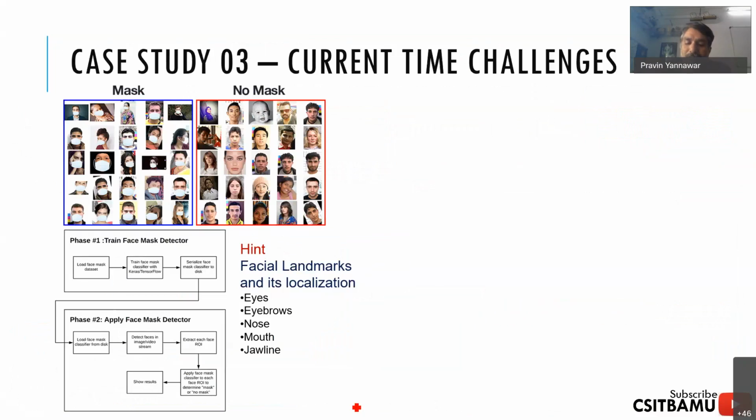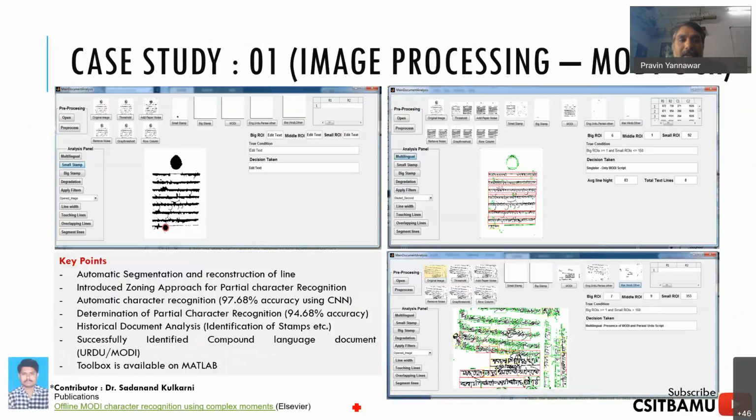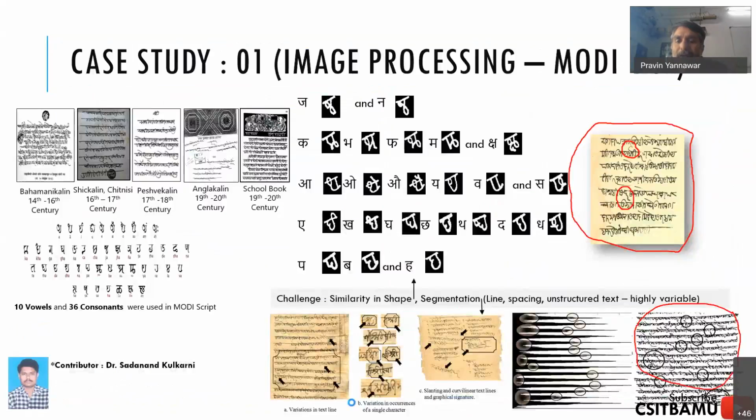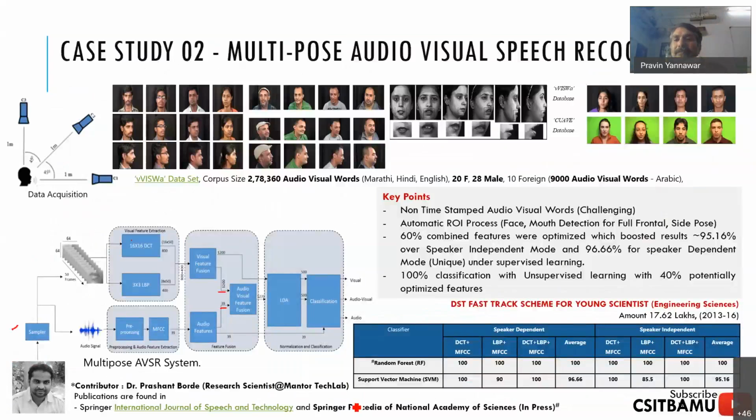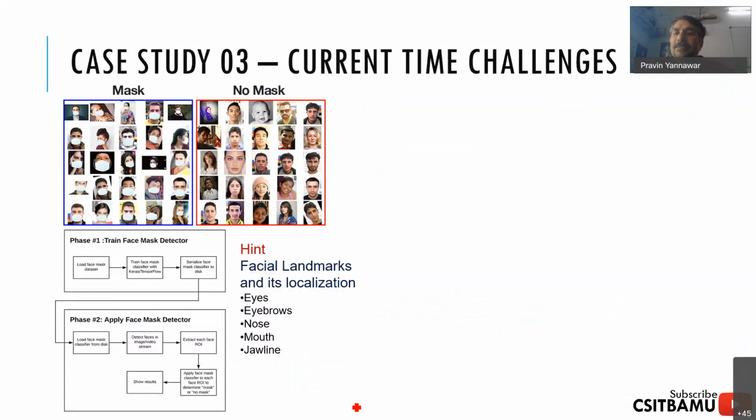Now, since I have given you this image processing part and video processing part as a case study, like how we have done it, let us come to the opportunities part. What is the current time challenge? In the case of video processing, right now I'm not wearing a mask, and your system has to check whether I'm wearing a mask or not.